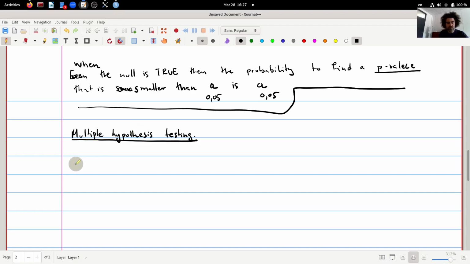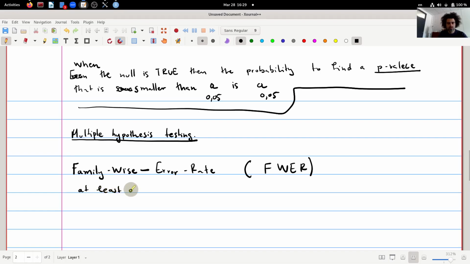First, we must introduce the term family-wise error rate, which is the probability to make at least one type 1 error, or at least one false positive.